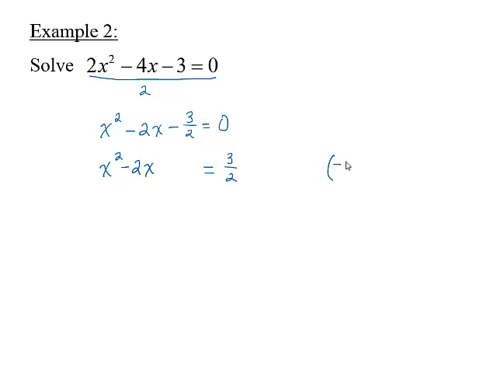We take half of negative 2, square it, which is negative 1 squared, or 1. Then we add this number to each side. x squared minus 2x plus 1 factors as (x minus 1) times (x minus 1), or (x minus 1) squared.